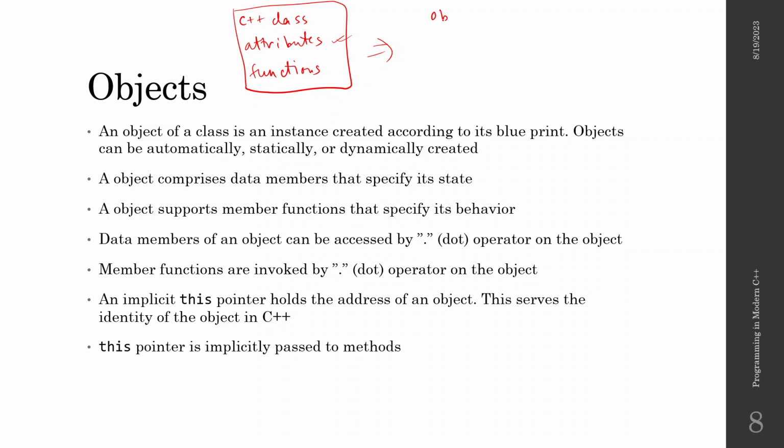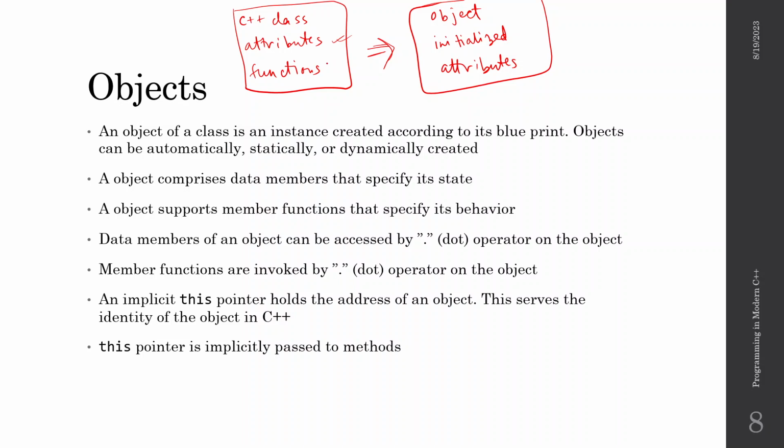We take this class template and assign specific values to the attributes, and that creates an object. If we initialize the attributes of the class, then we get an object.